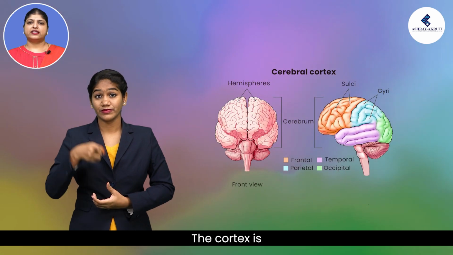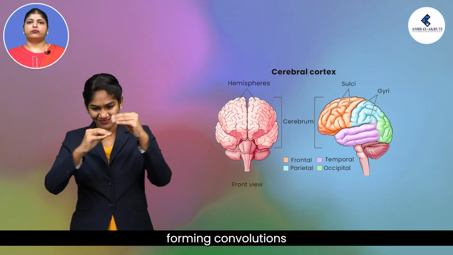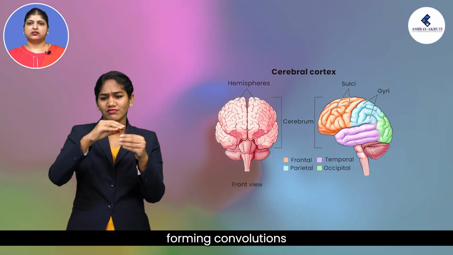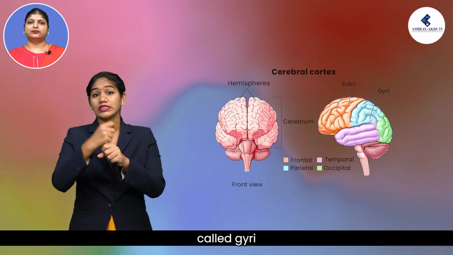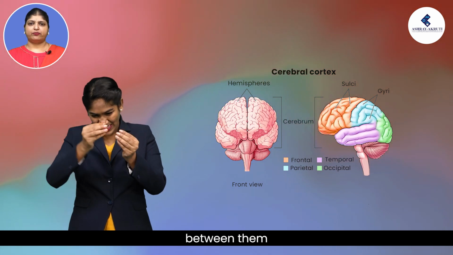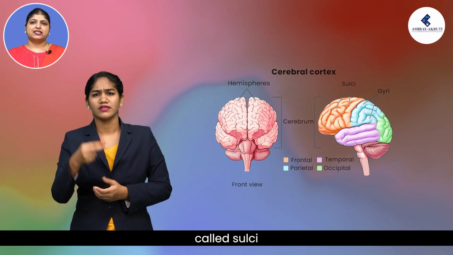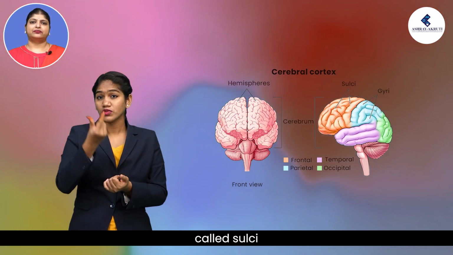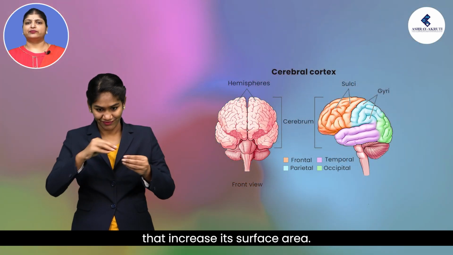The cortex is extremely folded, forming convolutions called gyri with depressions between them called sulci that increase its surface area.